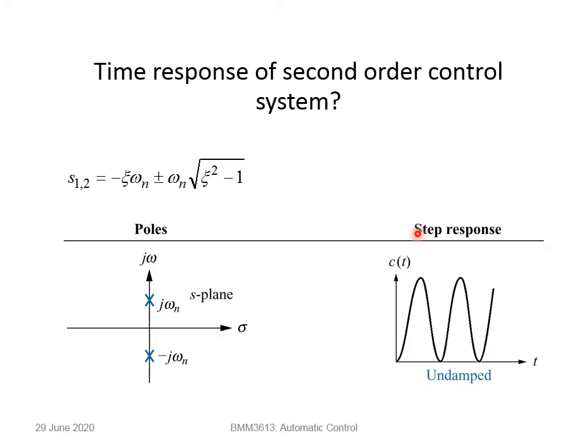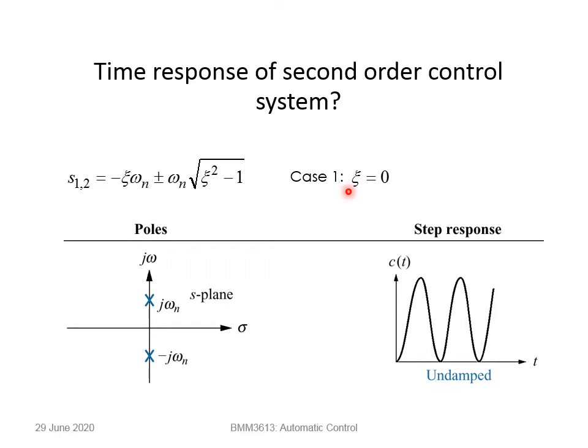For the first one, let's imagine the case where zeta equals 0. What does it mean to have zeta equals 0? It means we have a damping ratio of 0. If you look into the definition of zeta, zeta is a over 2 omega n.